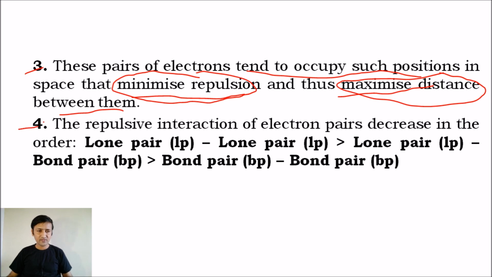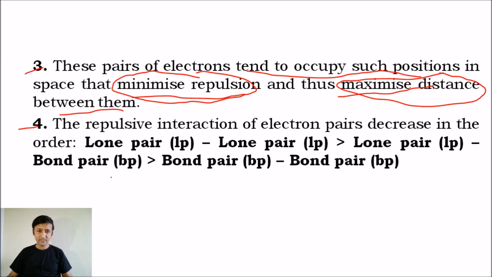And the fourth postulate is regarding the repulsive interaction between electron pairs. An electron pair can be taken as a bonded or non-bonded electron pair, and non-bonded can also be taken as a lone pair of electrons, right? So the interaction we can take as 3 types: a bond pair may interact with a bond pair, a bond pair with a lone pair, and a lone pair with another lone pair.